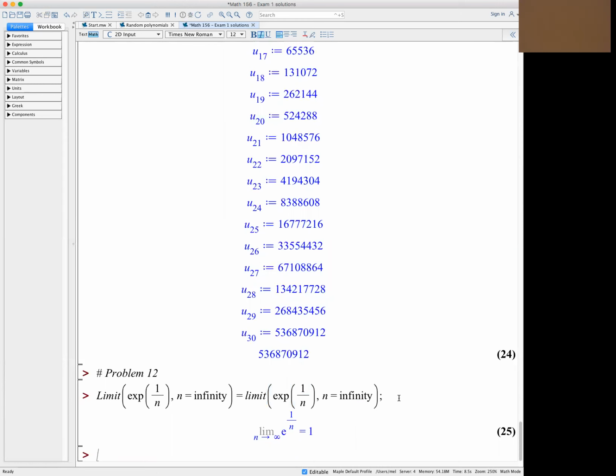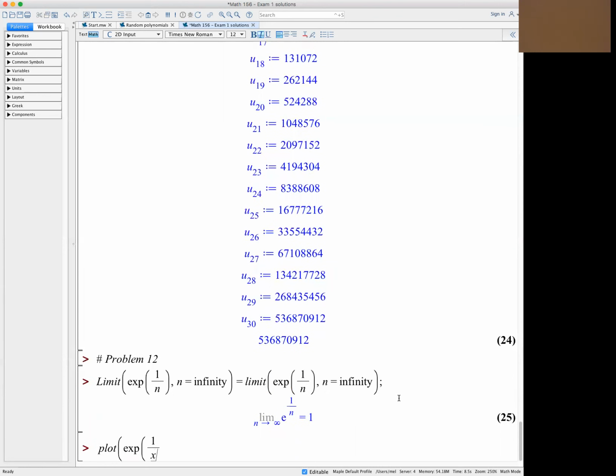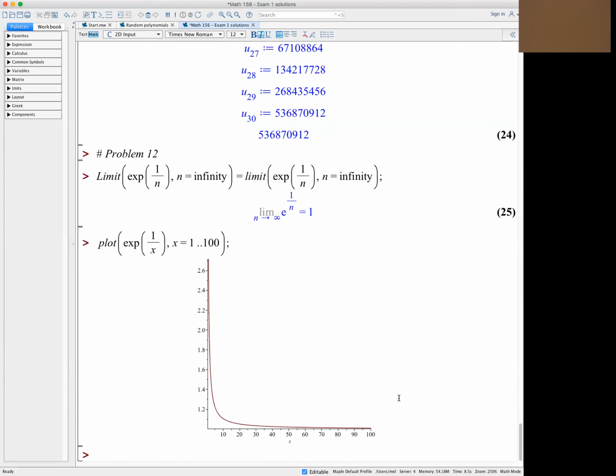Now, just to get some idea of what's going on here, suppose I plot the function exp of 1 over x as x goes from 1 to 100, say. It's decaying. Suppose I plot this together with the constant function 1. So that's this red line at the bottom.